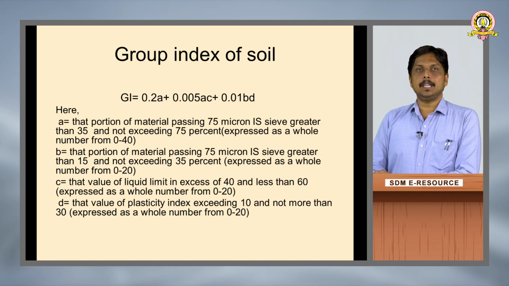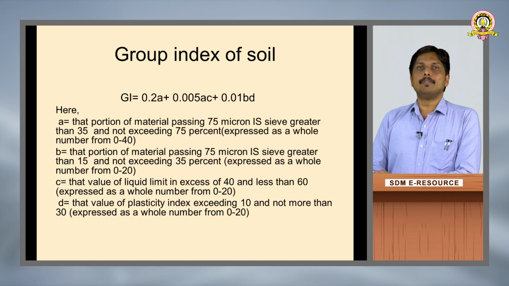Here A is that portion of material which is passing 75 micron and which is greater than 35 and not exceeding 75, which is expressed as a whole number between 0 to 40. Say for example, if the percentage passing 75 micron is 50, then the value of A will be given as 15.